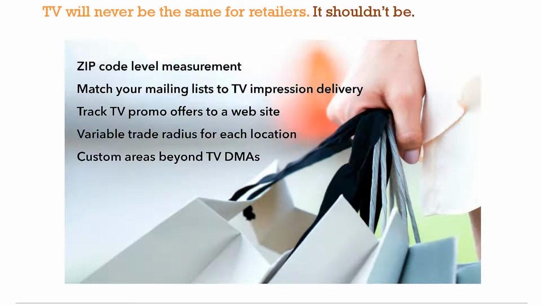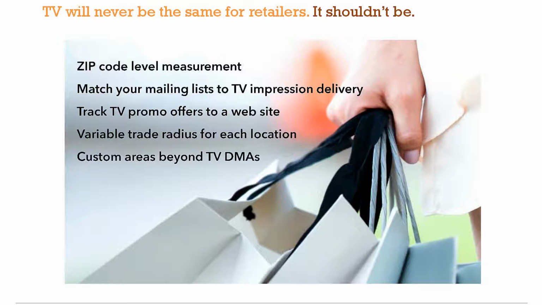So TV will never be the same for retailers, and it shouldn't be. We think you should expect more from TV, like zip code level measurement, being able to match your direct mail list to the same areas that the TV impressions are being delivered to. It's all about delivery. You should be able to expect your TV promotion offers matched to your website.